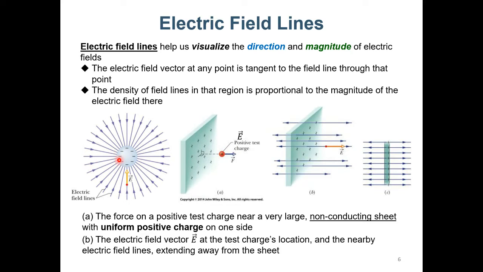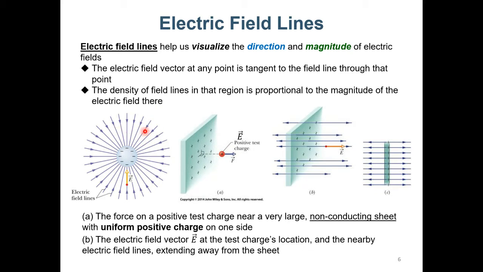You can tell, this part has a stronger E field in magnitude, and this part has a weaker E field in magnitude. So there are two rules. The first one is that the E field vector at any point is tangent to the field line through that point. For this case, the line is straight, so the tangent line is the E field line itself.